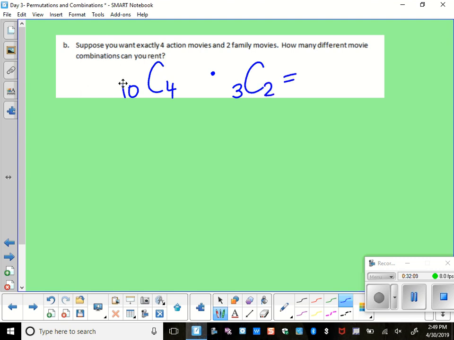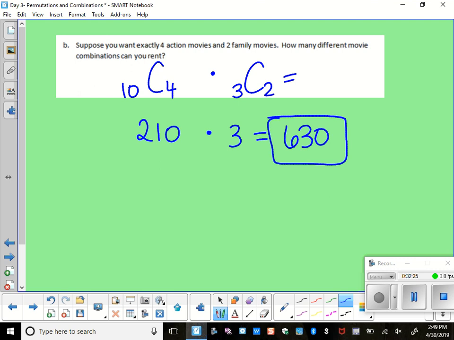Is that correct? Okay, so for 10 choose 4, I got 210. For 3 choose 2, I got 3. So my total was 630 different movie options. Does that make sense?